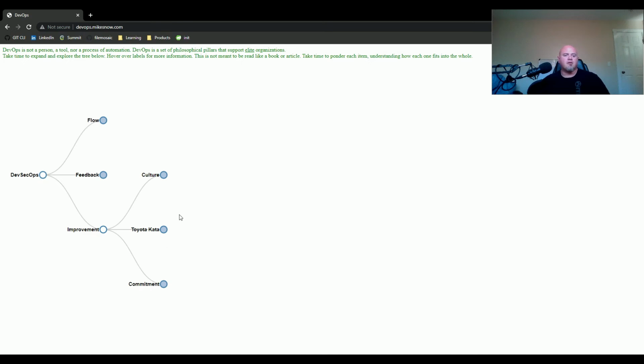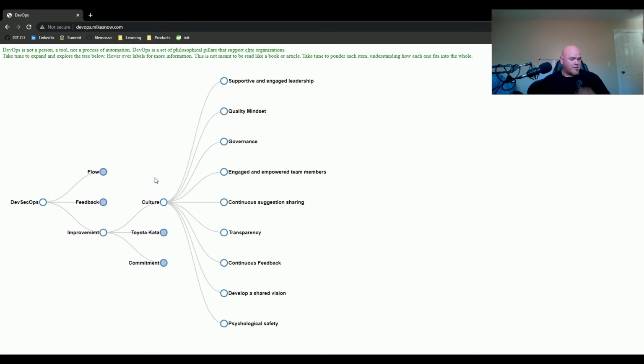Starting off here at the top, the key concept that I think about is culture. When you look through DevOps and the things that are required, sometimes it's counterintuitive. Sometimes DevOps is saying maybe you need to slow down a little bit, maybe you need to not deliver so much, maybe you need to do certain things that from the surface look like a bad thing, or something that's more expensive, or something that's going to take a lot of time.